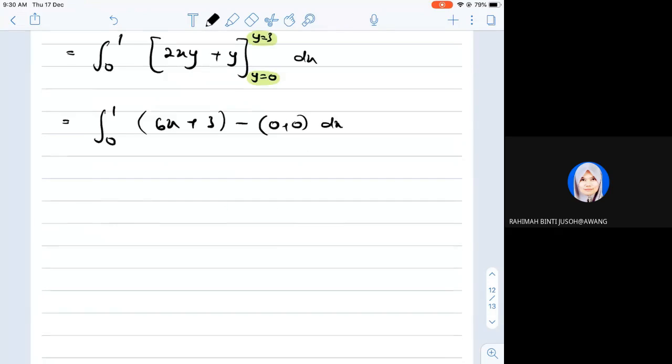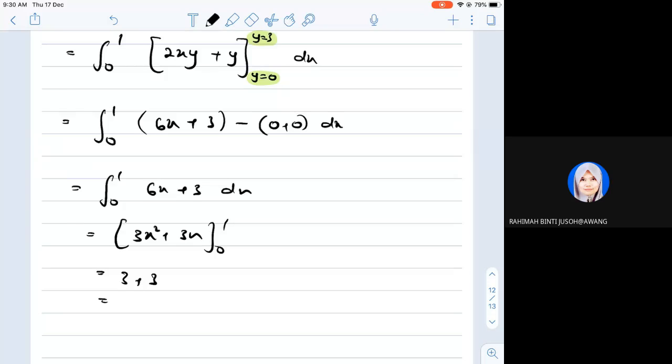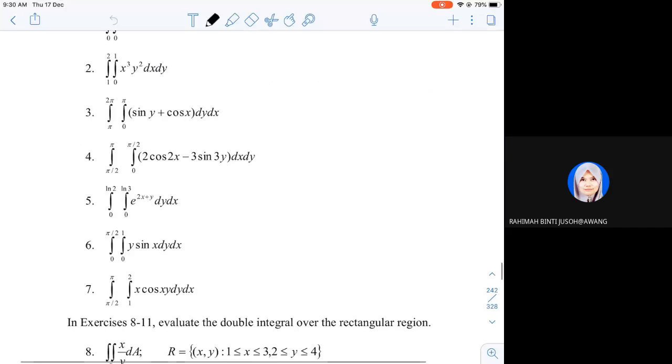So we just need to integrate this. 6x plus 3 dx. So we will have 6x squared over 2 becomes 3x squared plus 3x. So substitute 0 and 1. So 3 plus 3 equals 6. That's the answer. Okay, next.